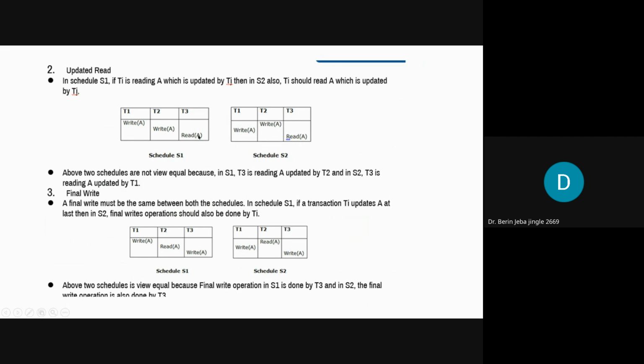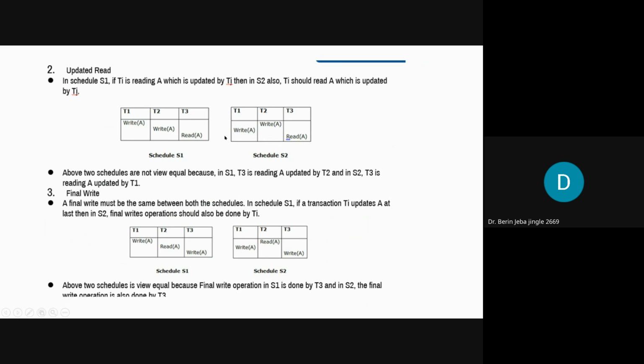The condition is that in the other schedule, the updation should happen in the same manner. If T3 is reading A updated by T2, then in schedule 2 also, T3's read of A must be updated only by T2.